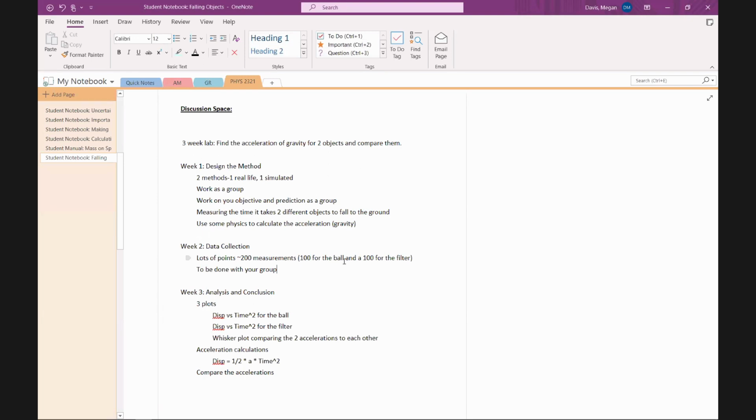You should have about 200 measurements. That's 100 for the ball and 100 for the coffee filter. And that's it. That's why this is a 3-week lab, because you're taking 4 times the amount of data that you needed to take for the last lab.